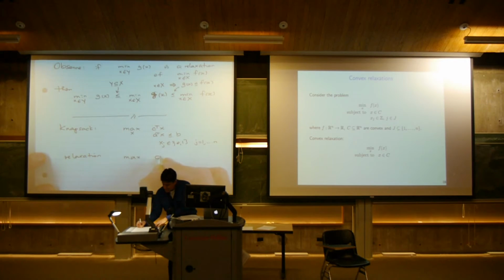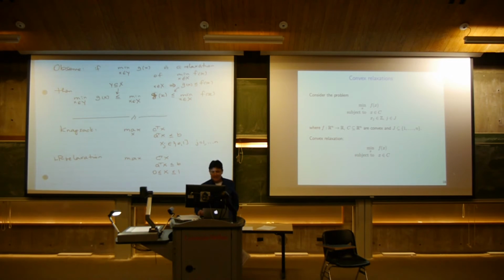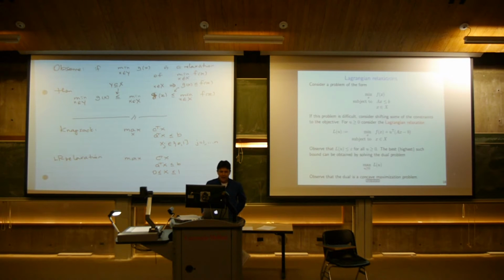Max cx, Ax less than or equal to b, x between 0 and 1. And this is called the linear programming relaxation, because it's a linear program. So that's the relaxation of the knapsack. And as you can see, this is a very easy linear program, right? It's only one constraint. It's a fairly easy one.